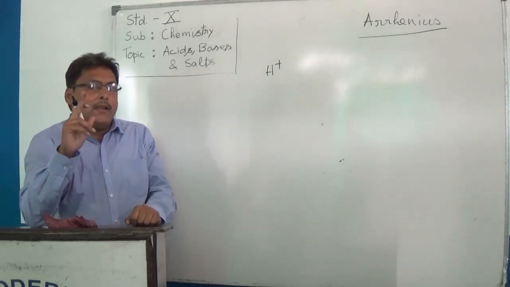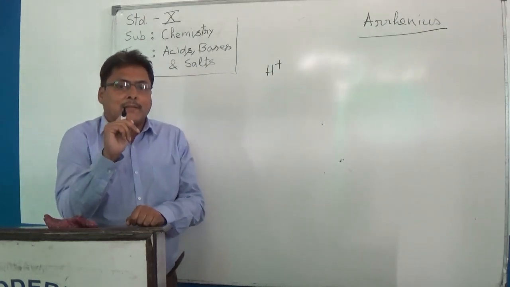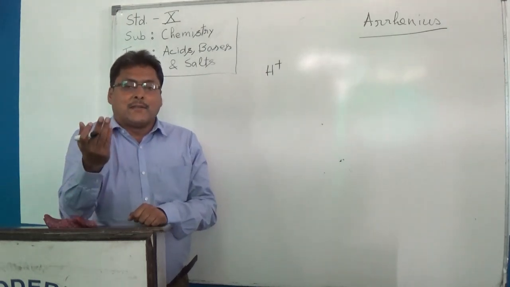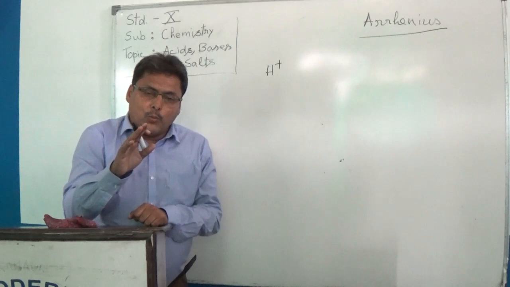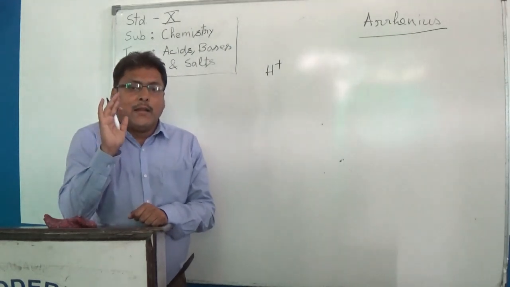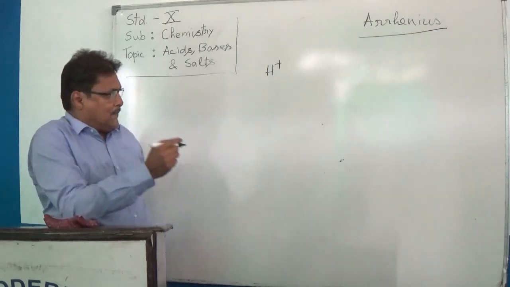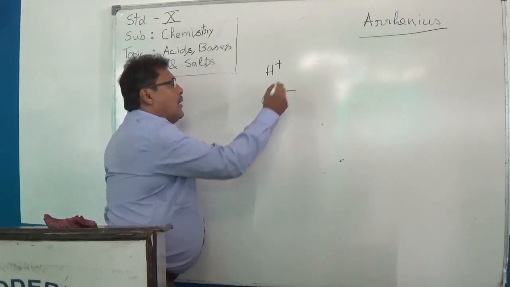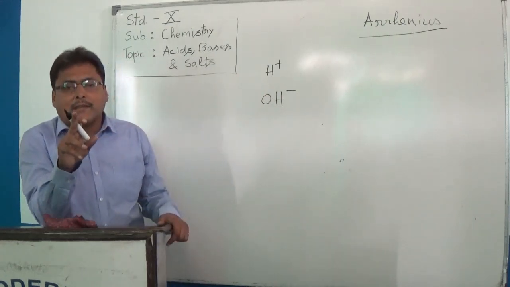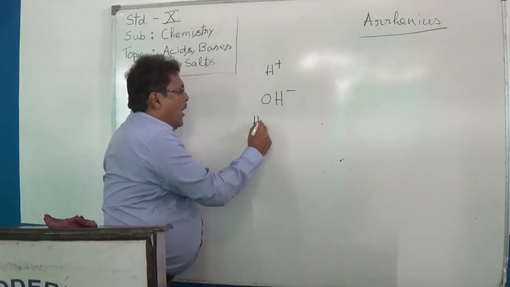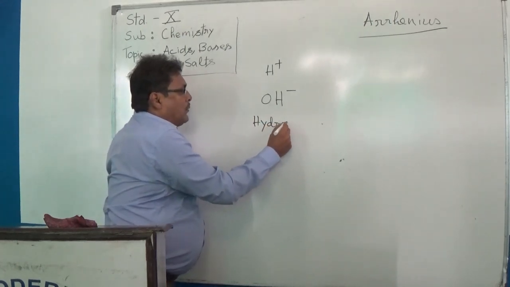And what is an Arrhenius base? An Arrhenius base is such a substance that when mixed with water, or in its aqueous solution, dissociates and gives out an OH minus ion. We call this ion a hydroxyl ion.